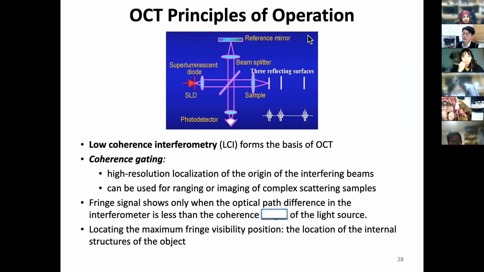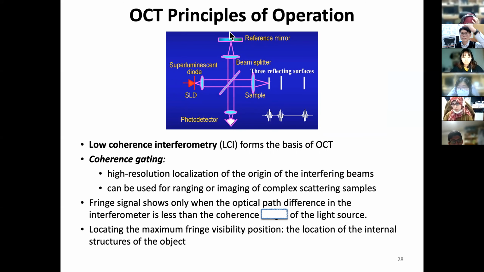Now you can build one, because it's just a Michelson interferometer with a short coherence length light source, for example a diode laser or superluminescent diode, SLD. You have a beam splitter, and a lens to focus the beam down to the reference mirror, and you have a sample mirror and a photodetector.